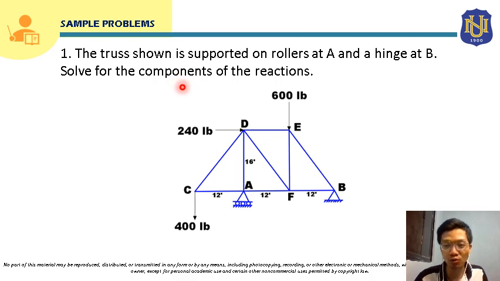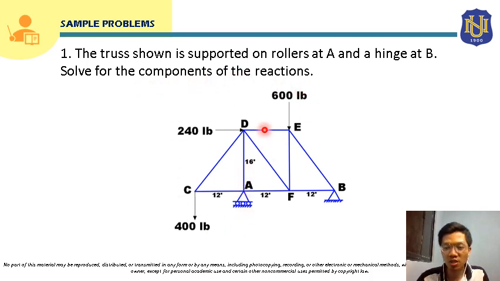So we have to give the horizontal and vertical component of the reaction. If it's a hinge, we know that there's a horizontal and vertical component. So we have to show that in our answers, the components of those reactions.